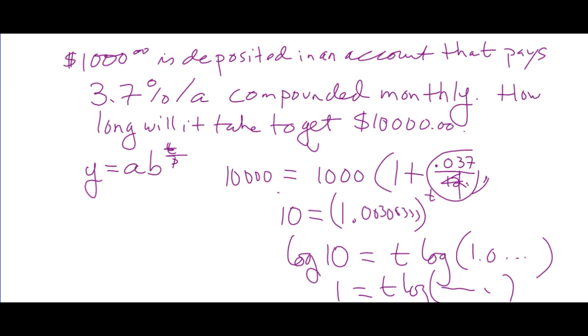Whatever the denominator for that is, you divide t by. So it's over 12 months, you do t over 12. So if t is in months, you go t over 12 to get years.